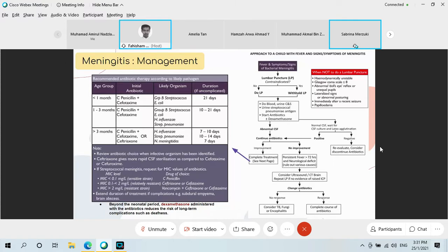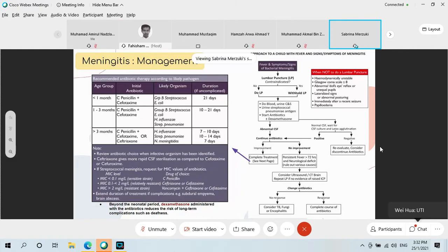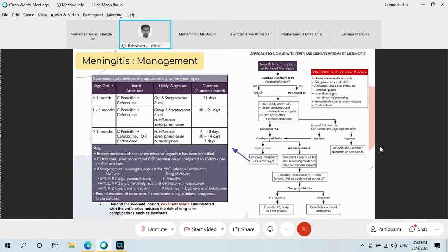E. coli can be related to either a metabolic problem, for example galactosemia, or a baby who has a history of infection, which is urinary tract infection.